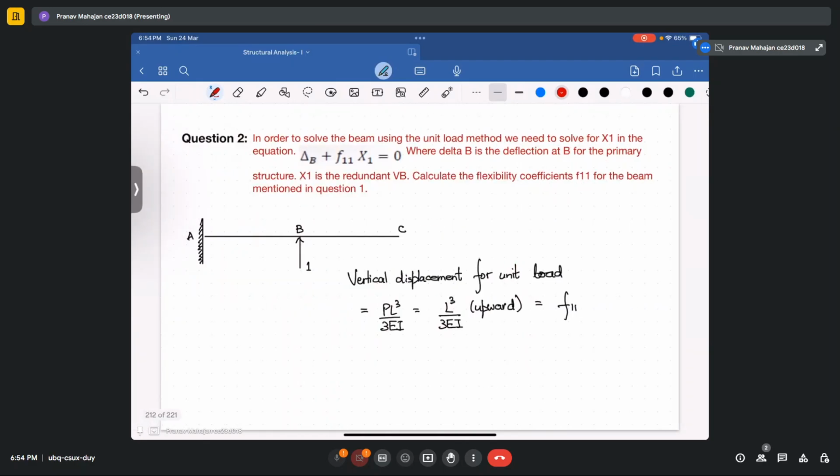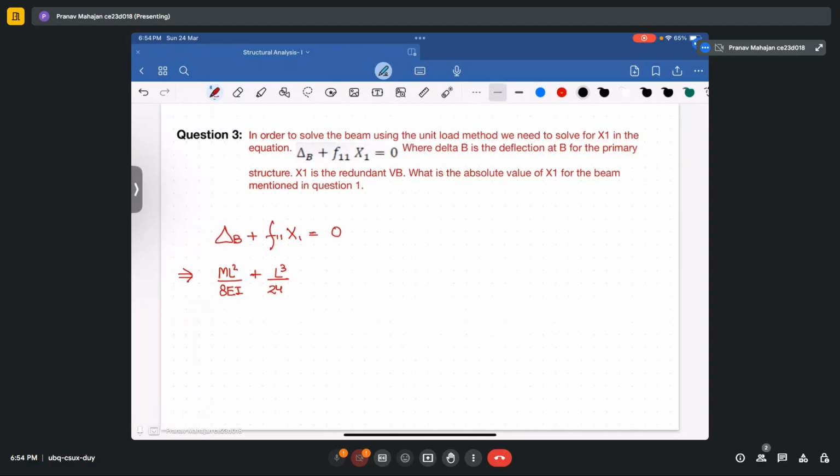Oh, sorry, I think I have done something wrong here. In this, our length is L by 2. Okay. So this is our L by 2. So (L by 2) cube upon 3 EI, so you will get L cube upon 24 EI. And that will be in the upward direction.